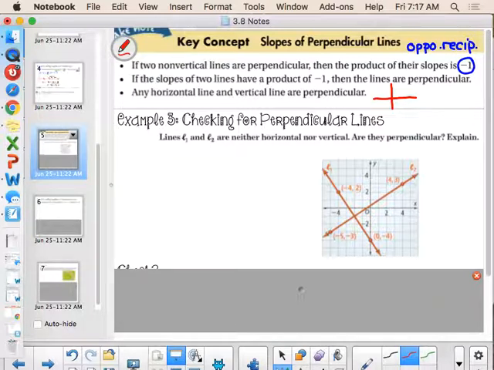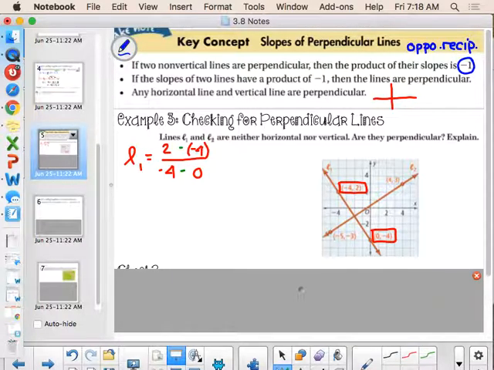All right, so line 1. Line 1 contains the coordinates -4, 2 and 0, -4. Let's use -4, 2 as my first coordinate. So we have a y value of 2 and an x value of -4, and we are going to subtract the second coordinate, which has a y value of -4 and an x value of 0.